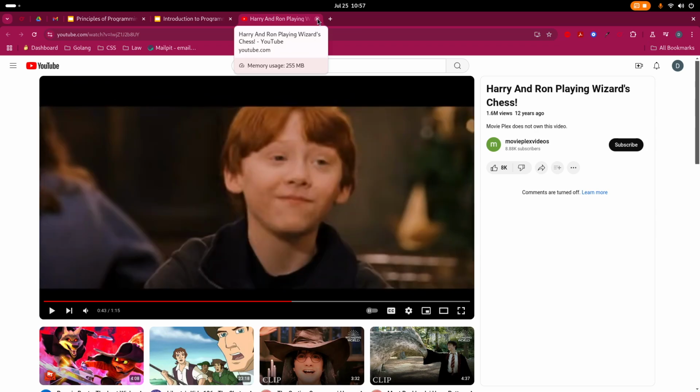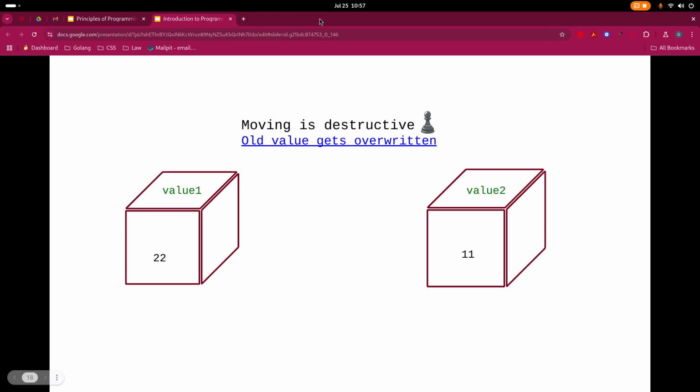Whenever we want to occupy a space that some other thing is currently occupying, then the thing that is currently there is destroyed. The same thing applies in programming. We currently have 22 in this value 1 box and 11 in this value 2 box.